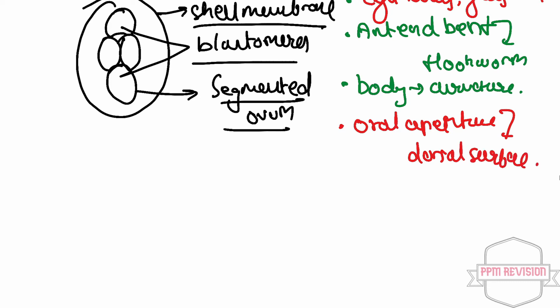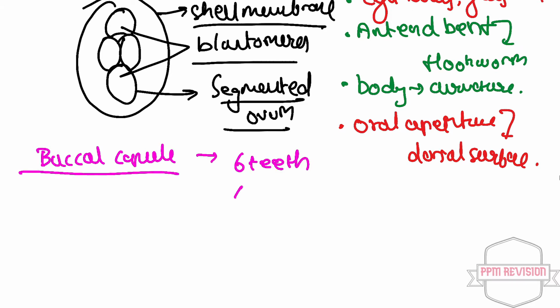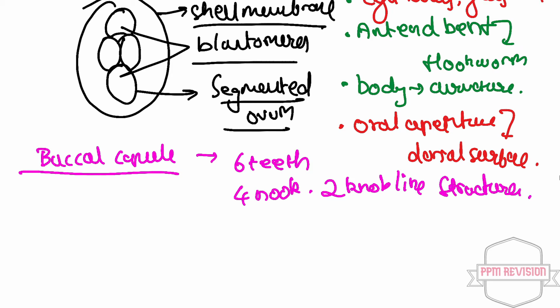The buccal capsule has 6 teeth and 4 hooks, as well as 2 knob-like structures. These are some additional information which we need to know.